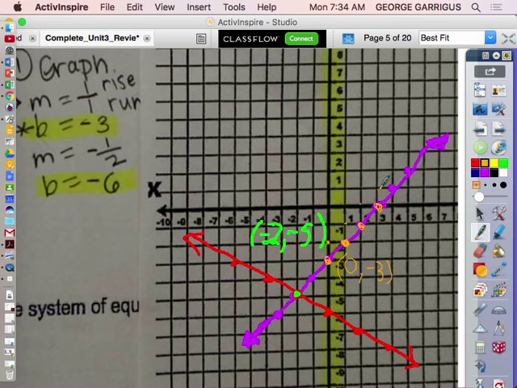On the other equation, we started at 0, -6, and we rose 1, run 2, rise 1, run 2, rise 1, run 2. Also from that 0, -6, we could go down 1, right 2, down 1, right 2. And our solution is where the 2 lines intersect.